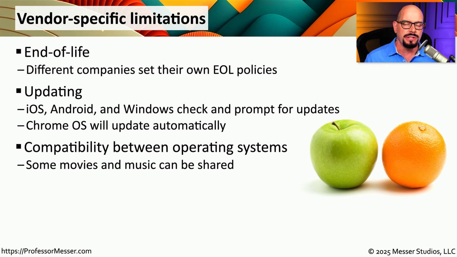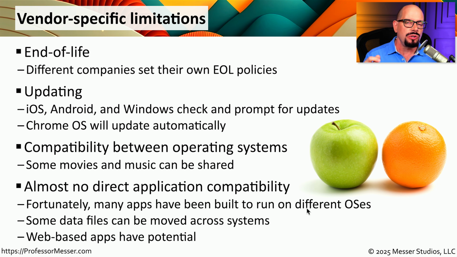But just because these different operating systems run on different hardware and the operating systems are written by different organizations doesn't necessarily mean there isn't some type of compatibility. For example, you can create documents, spreadsheets, media, and other types of data and use those also in other operating systems. But one thing you cannot do in these operating systems is take the executable from Windows and try to run that executable in Linux.